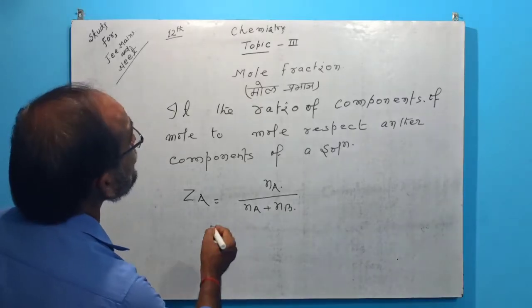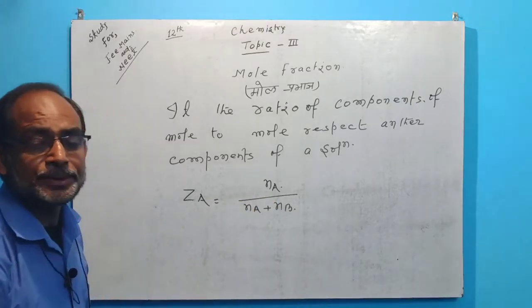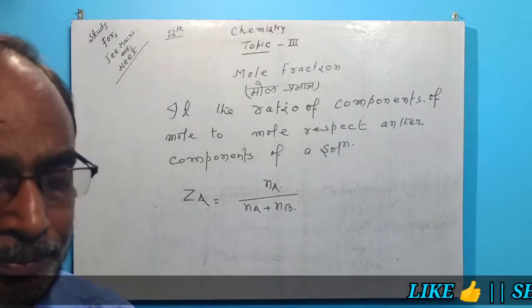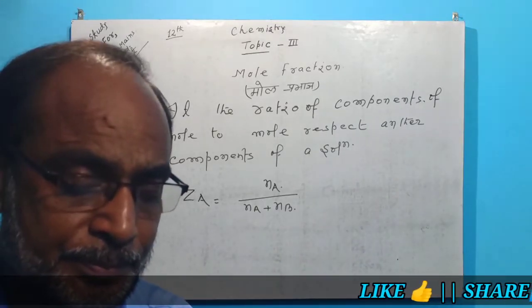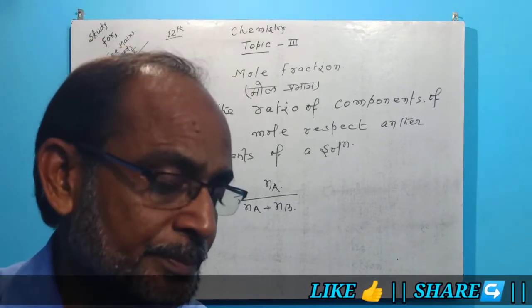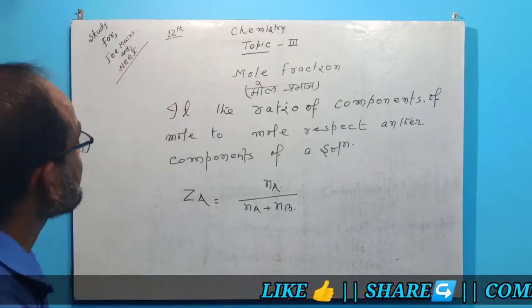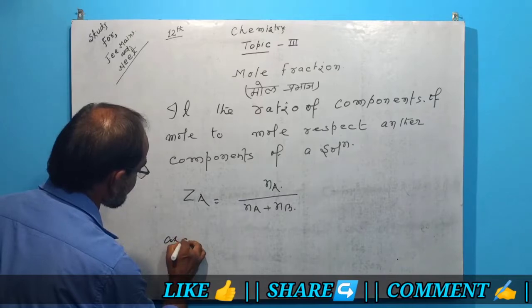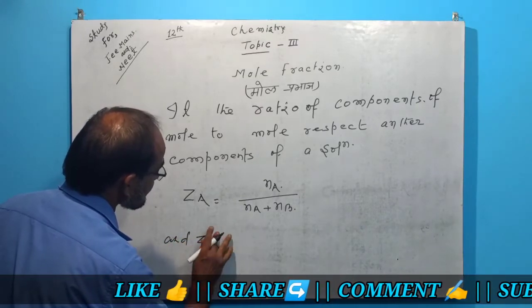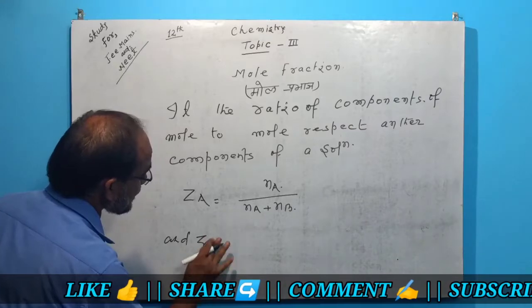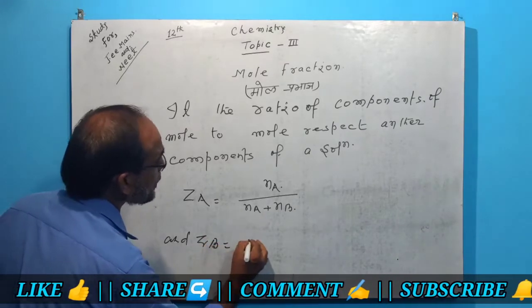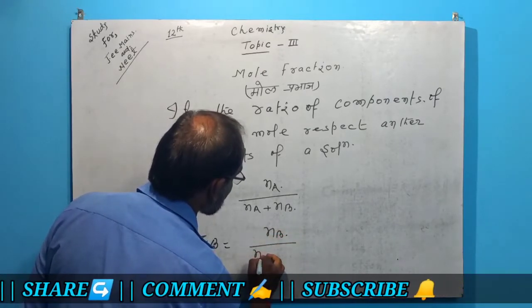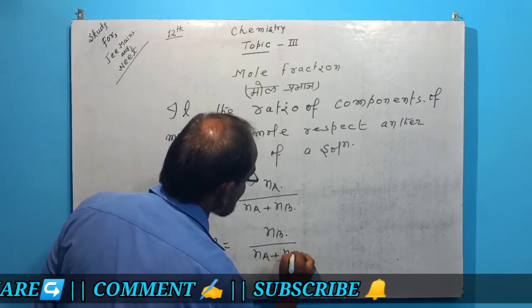Therefore, for the second component, Zb equal to Nb upon Na plus Nb.